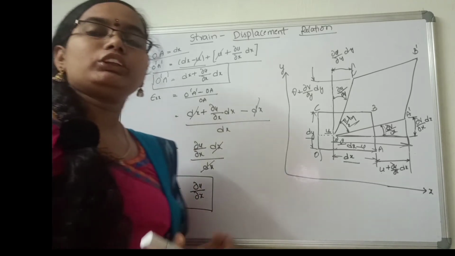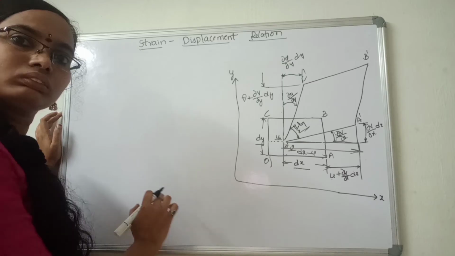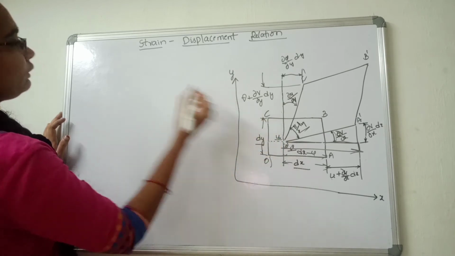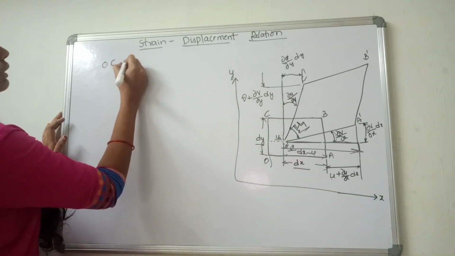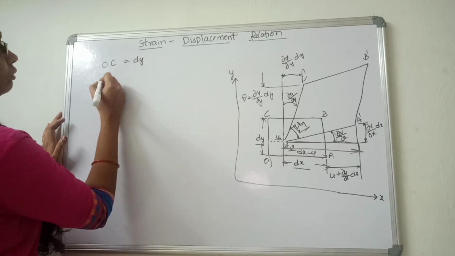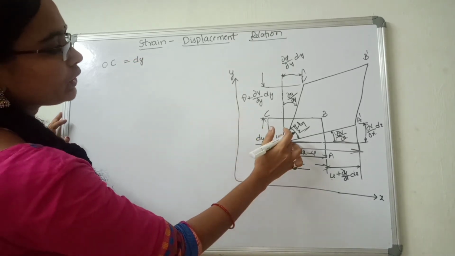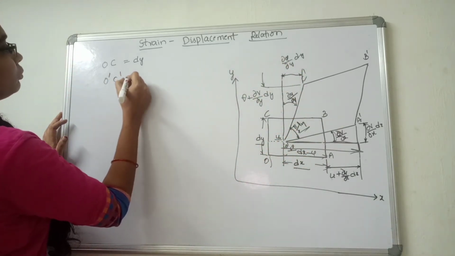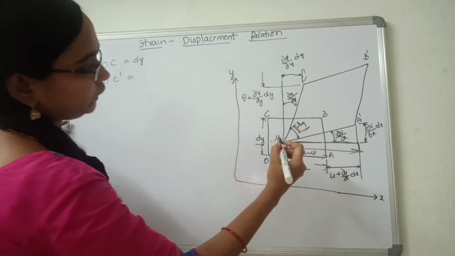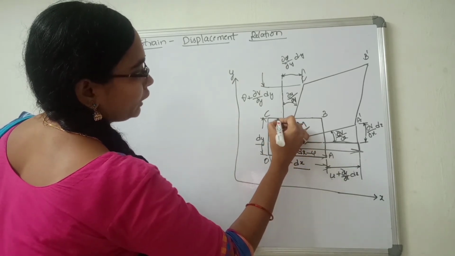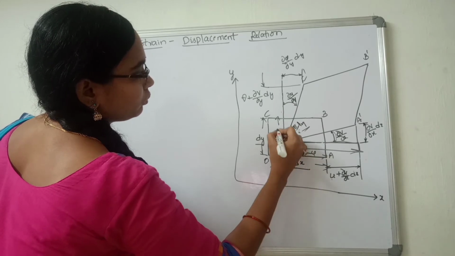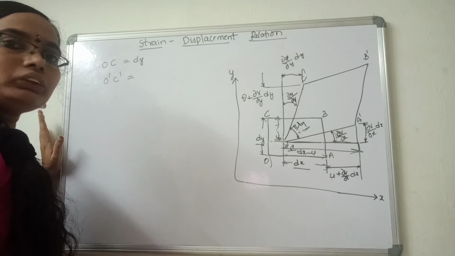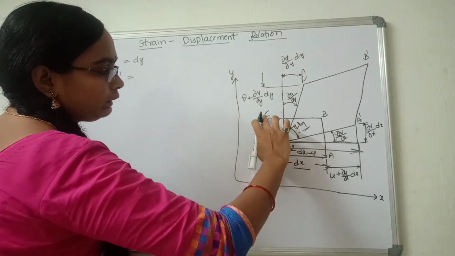So like that we have to find the strain along y direction. So that is, original length OC is equal to dy. Change in dimensions are O dash C dash. So just you have to find out this part; overall length is dy.